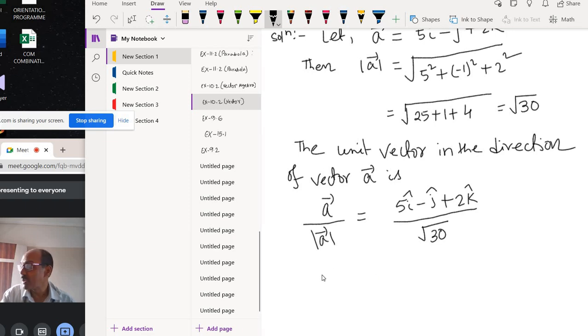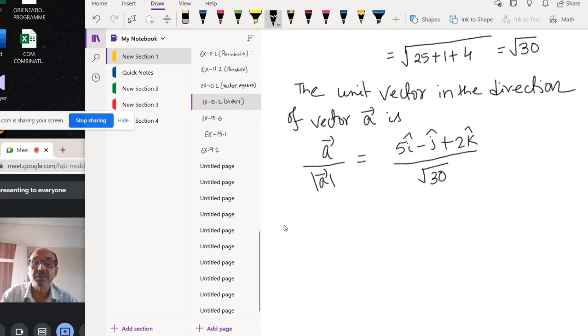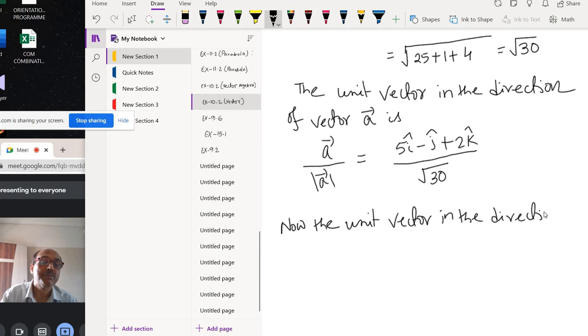Now the unit vector as per the question, the vector in the direction of A having magnitude 8 units.